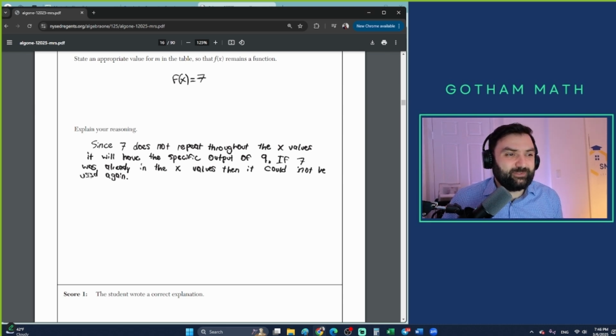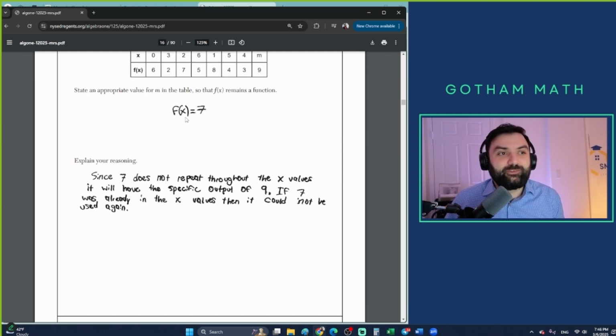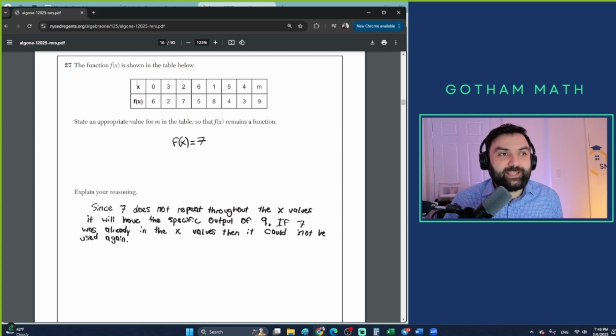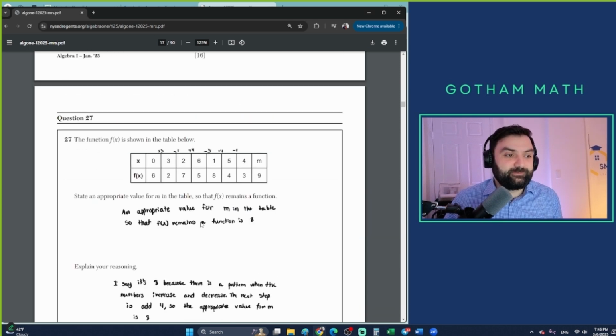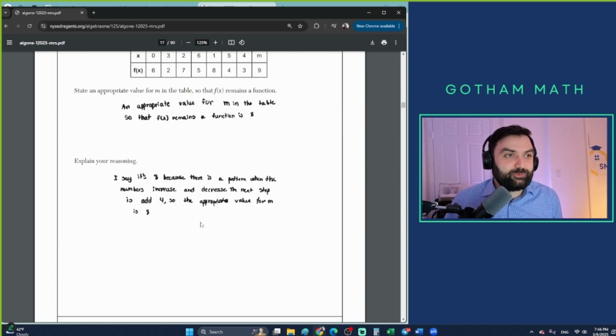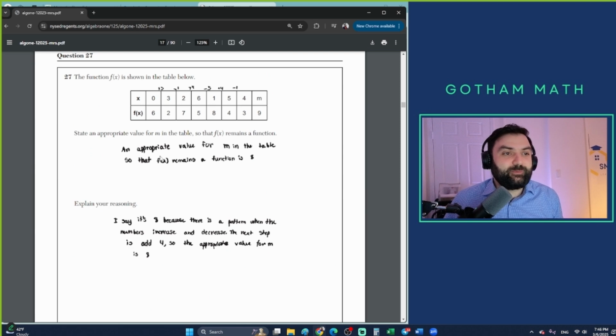If 7 was already in the x values, then it could not have been used again. This explanation is considered correct, but since the student wrote f of x and not x, they took away half of the point, even though 7 is kind of correct. So be careful. This is also a 1, an appropriate value for m in the table.